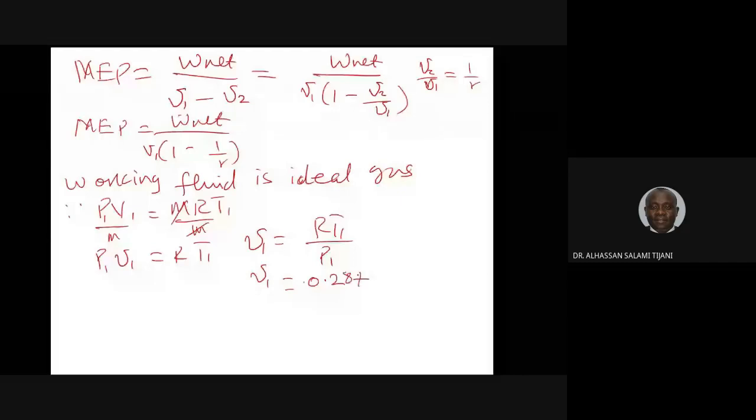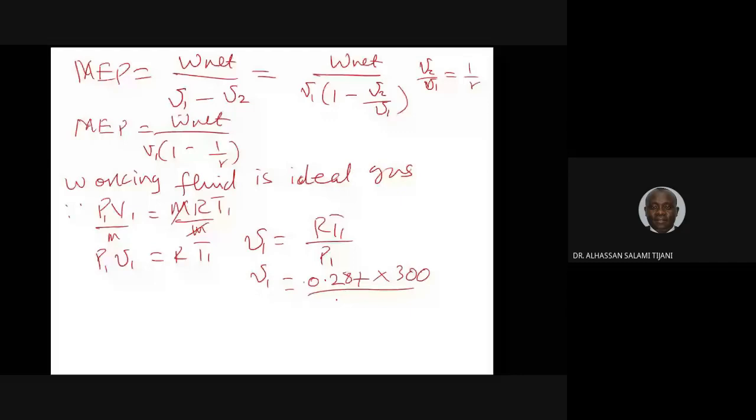T1 is 300 Kelvin, all divided by the pressure, 101.325. So if you calculate this carefully, it gives you 0.8497 meter cube per kilogram.